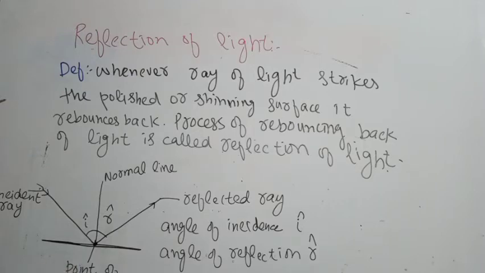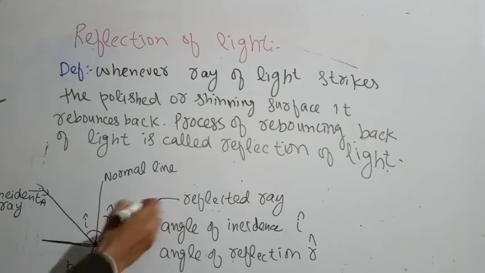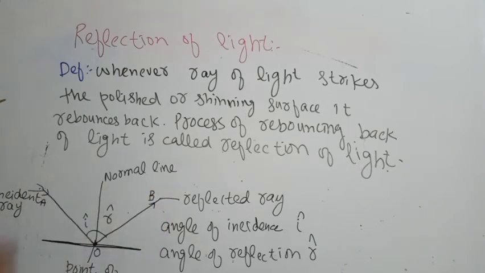And it is represented with capital O. Let's name this point A, this one point O, and this one point B. So OA is the incident ray, and OB is the reflected ray.